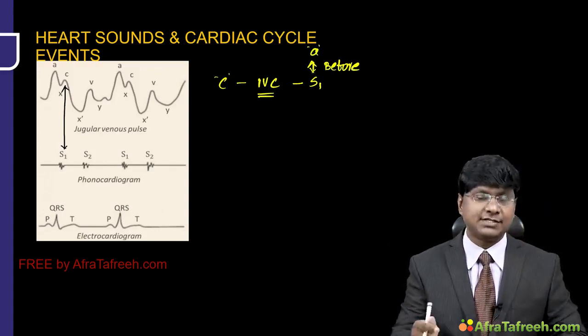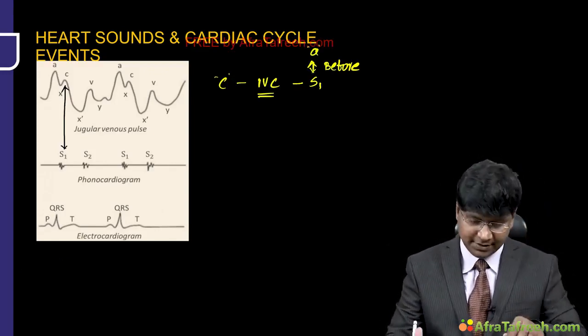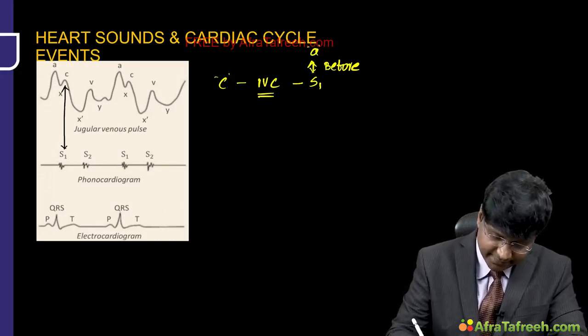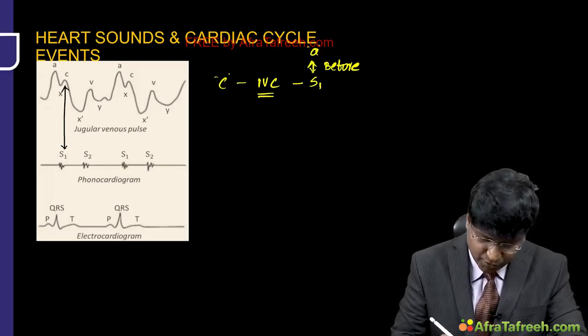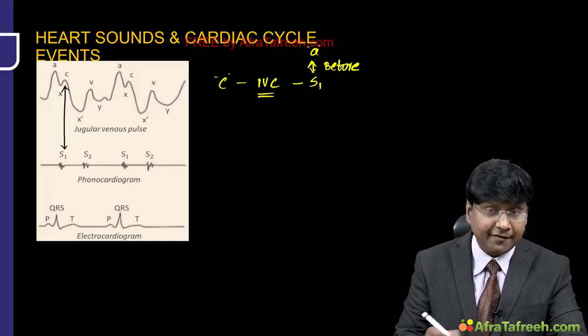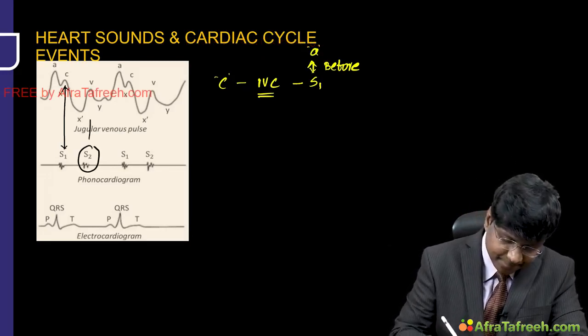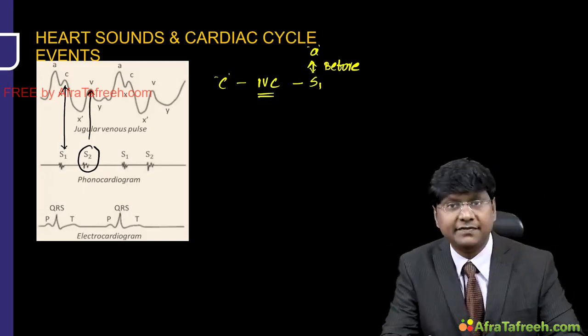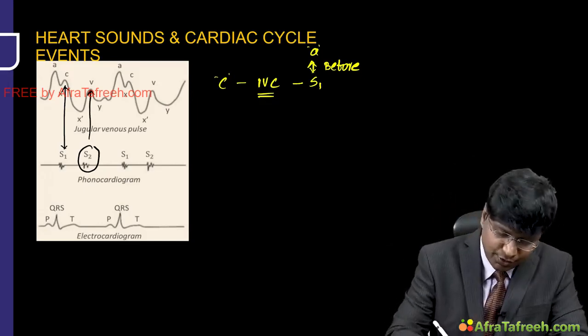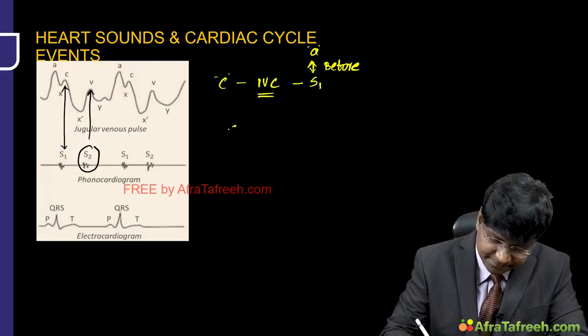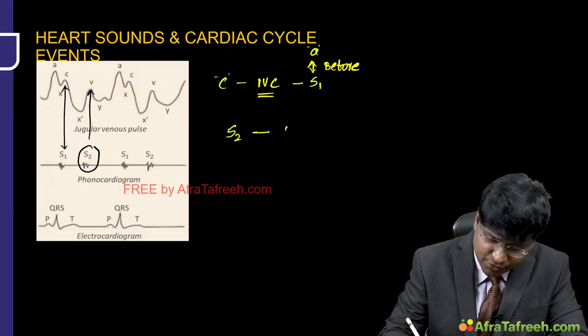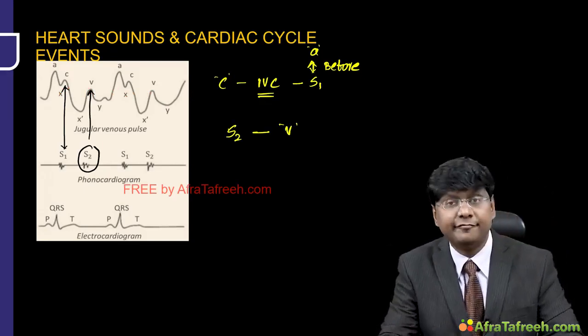Just before the first heart sound, what you get is the A wave. Then you take the S2. After the S2, the peak, whatever you are seeing, will be the V wave. Okay, so you will listen to S2 first. After S2, you will have V wave.